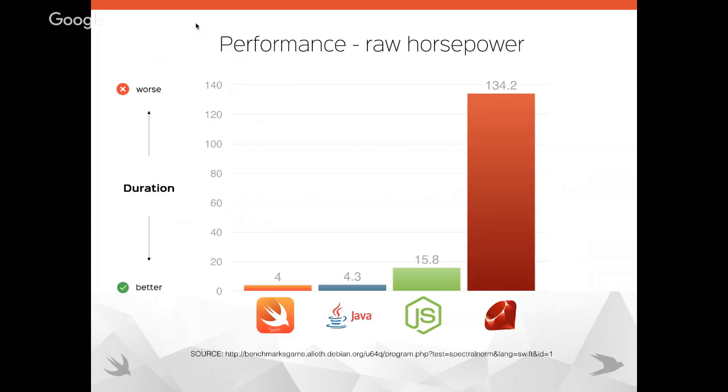But then we've got Swift. Swift was engineered from the ground up to be a modern language, to take advantage of some of the great things that language researchers have come up with over the years.